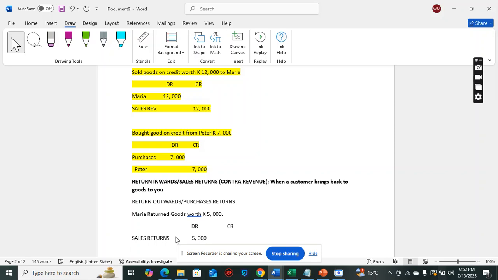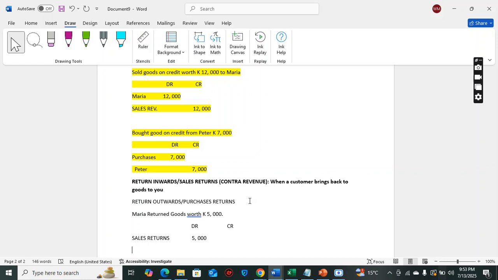Then how much Maria is owing us also reduces now. She was owing us 12,000. She's brought back goods worth 5,000, so what she's owing us has reduced from 12,000 minus 5,000 to 7,000. So that 5,000 is a reduction in our asset, Maria, the one who's owing us money.